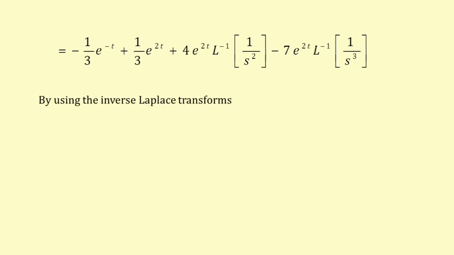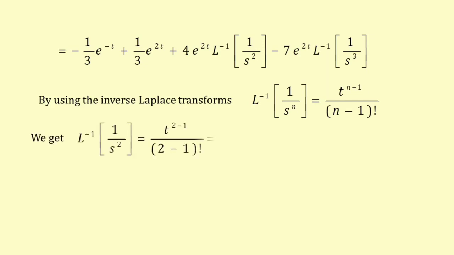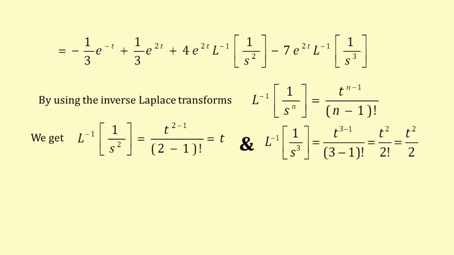Now by using the inverse Laplace transform, L inverse of 1 by s power n is equal to t power n minus 1 by n minus 1 factorial, we get L inverse of 1 by s squared is equal to t power 2 minus 1 by 2 minus 1 factorial, which is equal to t, and L inverse of 1 by s cube.